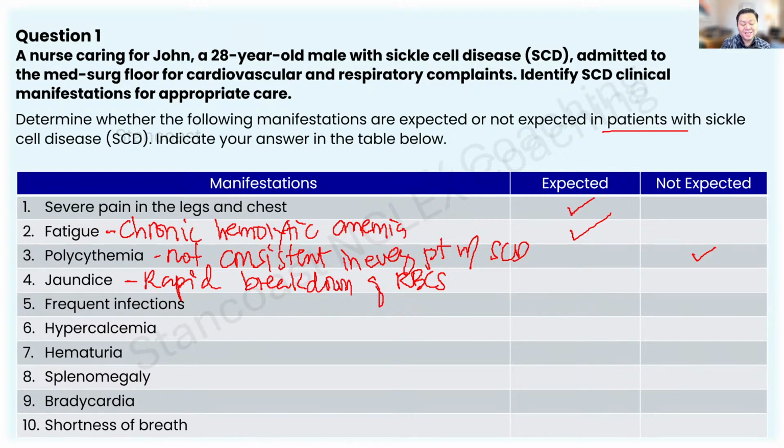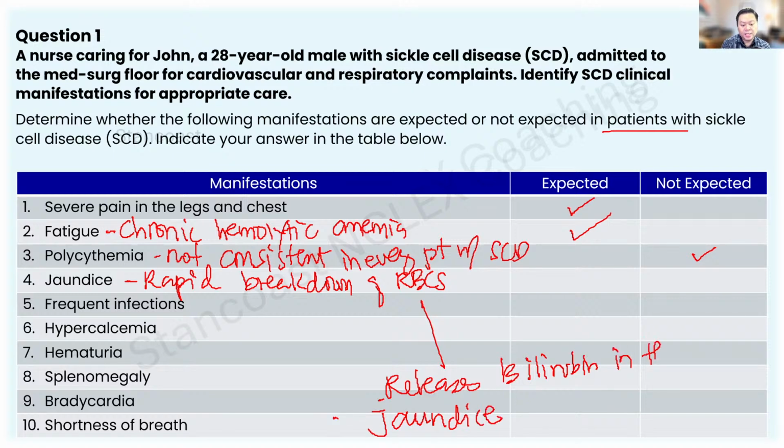The breakdown of the red blood cells will release the bilirubin, and when this is accumulating in the bloodstream, this will now cause the jaundice, yellowing of the skin. So that's why they are going to have that yellowish skin color, and also in the eyes.